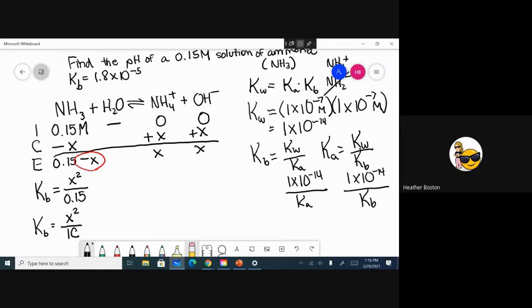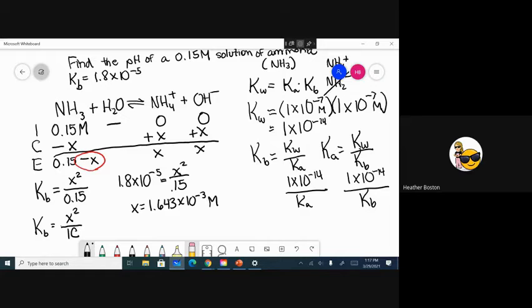Okay, so let's fill in the numbers we know. It's 1.8 times 10 to the minus 5 equals x squared over 0.15. So let's rearrange and we'll get a value for x of 1.643 times 10 to the minus third.